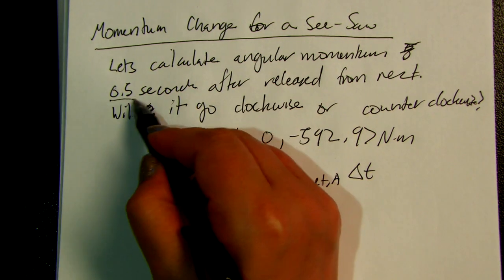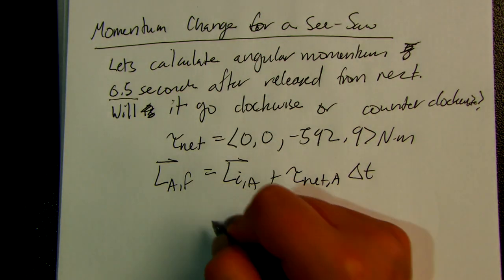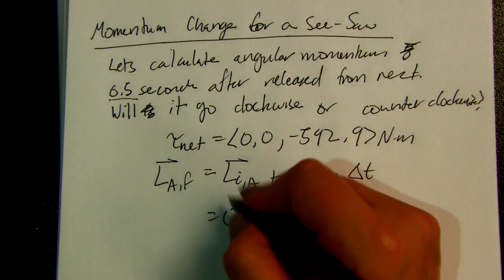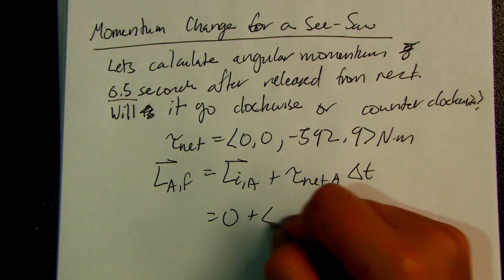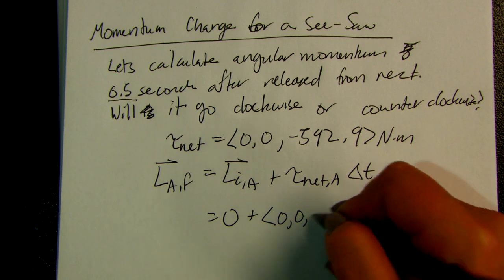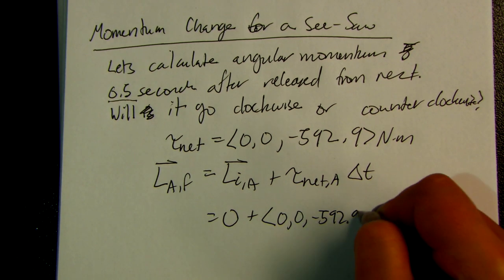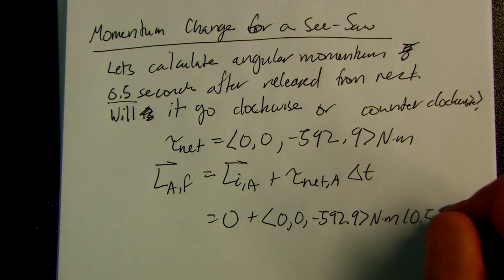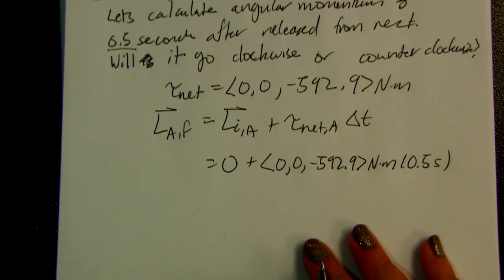We have been given delta t right here. It starts off at rest, so this is going to be equal to 0 plus 0 minus 592.9 newton meters times 0.5 seconds.